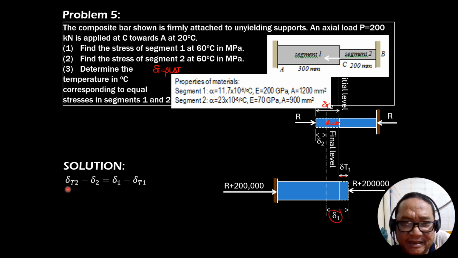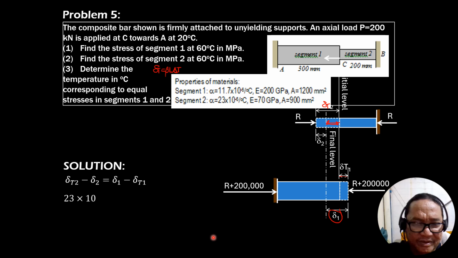And this is now the formula that we can formulate. Delta T2 is beta of segment 2, length of segment 2, which is 200, then delta T, then minus delta 2. Delta 2 is simply stress of segment 2 times length of segment 2, which is 200, divided by modulus of elasticity of segment 2.